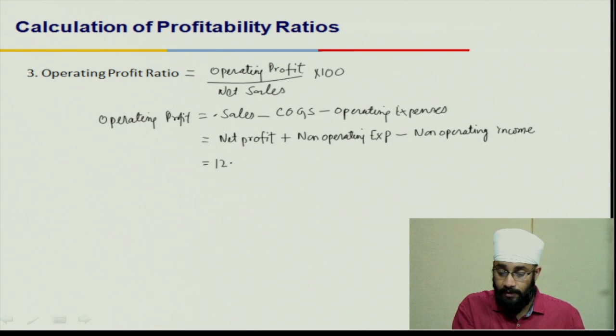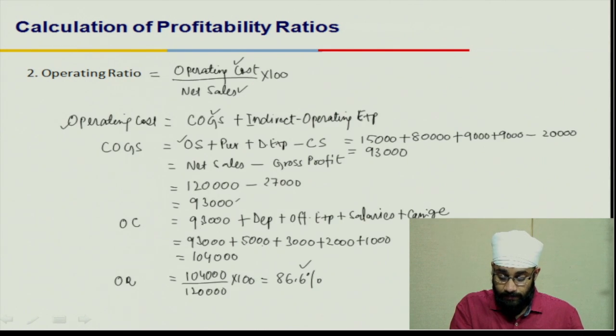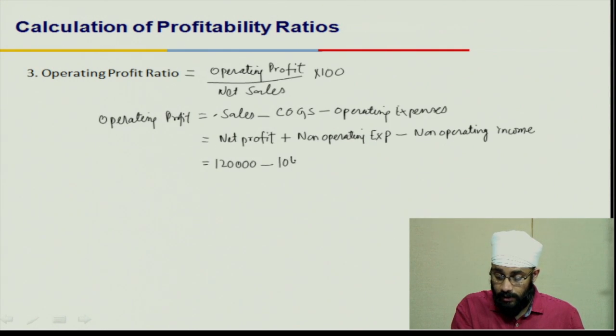We have 120,000 for sales minus cost of goods sold and operating expenses. So in the previous ratio we did do the calculations for these two, and here it is. This is the cost of goods sold, 93,000, and we need to add to it the rest of operating expenses, which are added here, and the total is 104,000. So I'm going to pick up this figure here, 104,000.